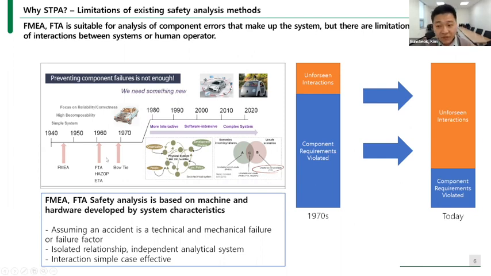It makes it harder to analyze new systems or complex software or hardware systems, especially systems related to human operators. So many researchers demand a new safety method suitable for new systems. As you can see, recent system accidents mostly occurred by unforeseen interactions.